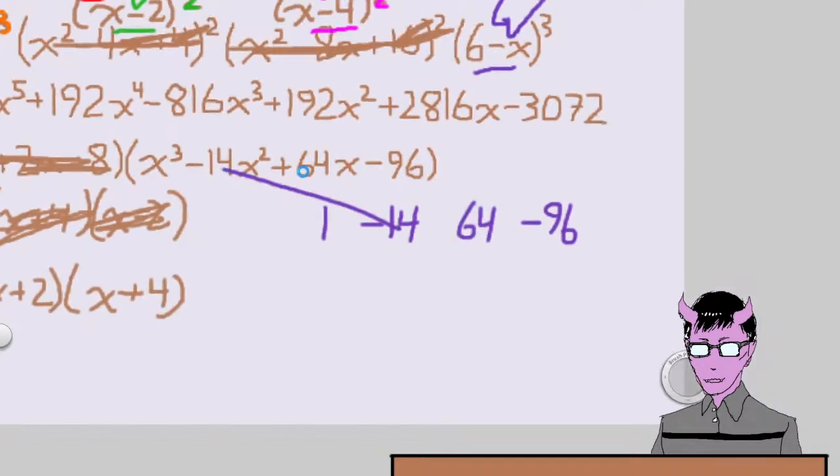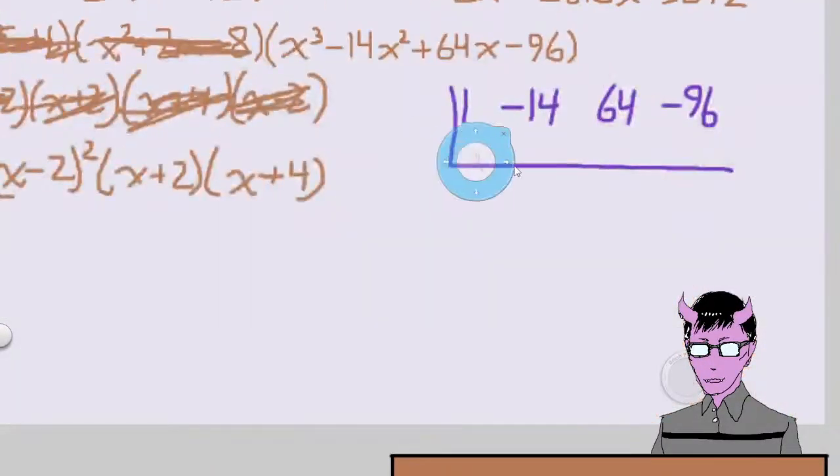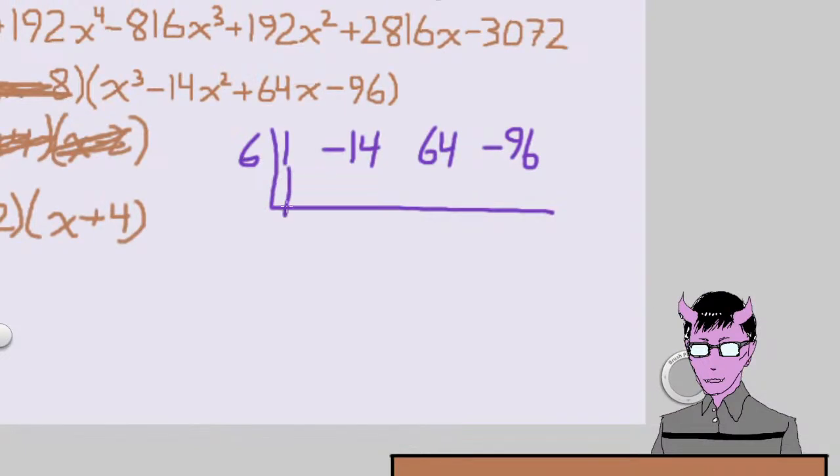This is positive, negative, positive, negative. Okay. We're testing what again? 6. So drop the 1, multiply, sum, multiply, sum, multiply. What is that? 6, 3 carry the 3, 6, 9. Yes, that is consistent so far.